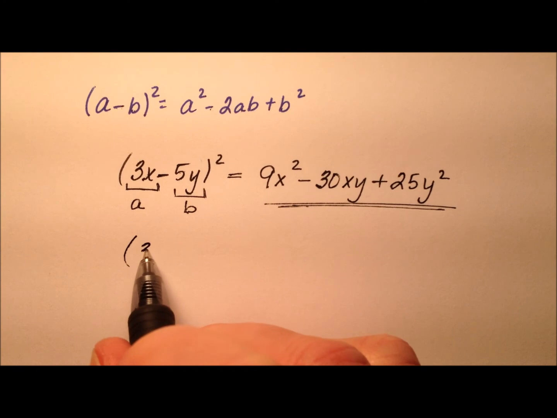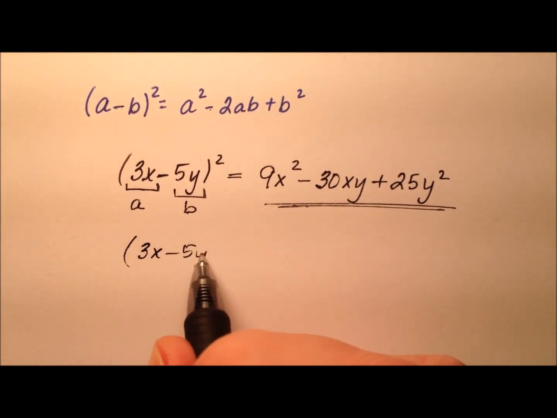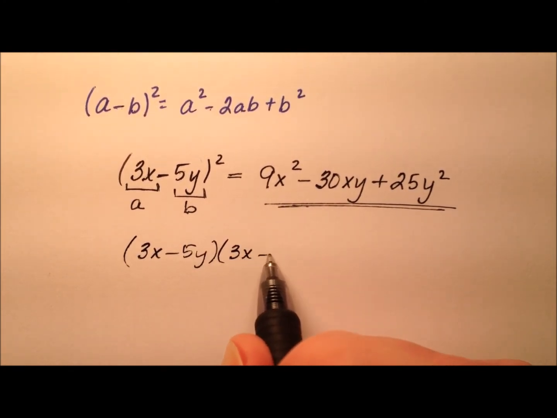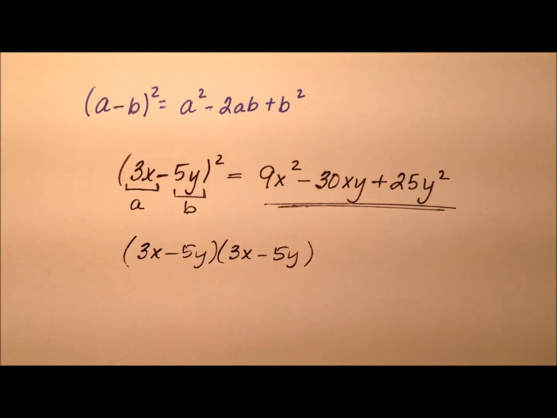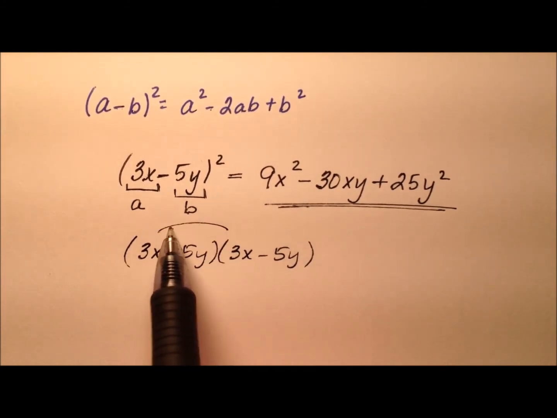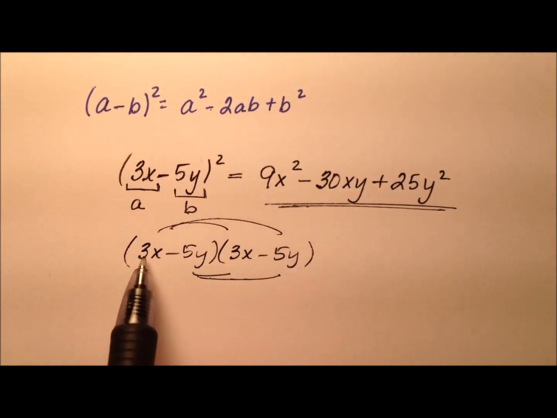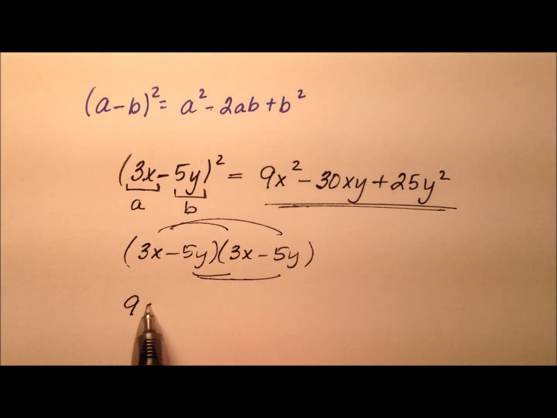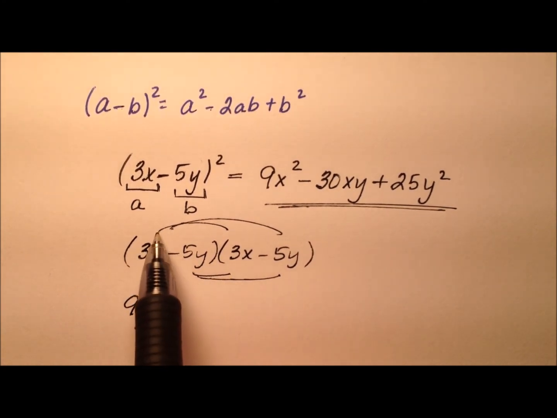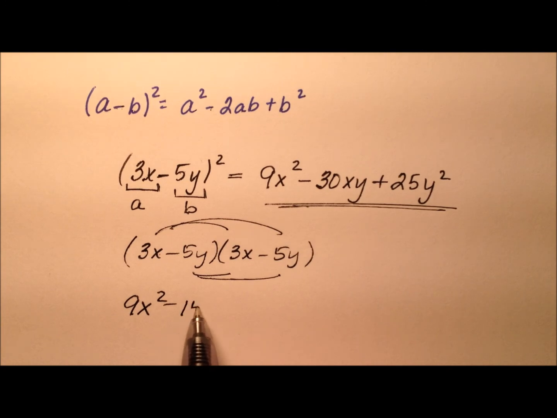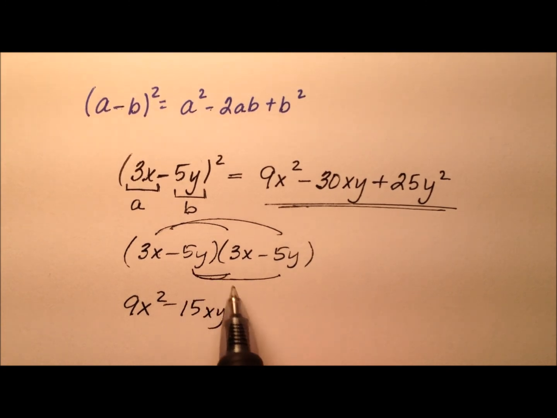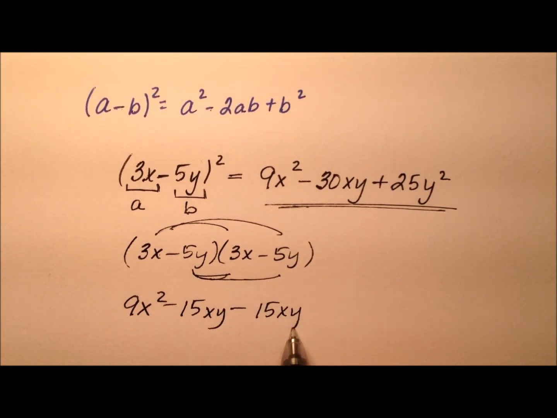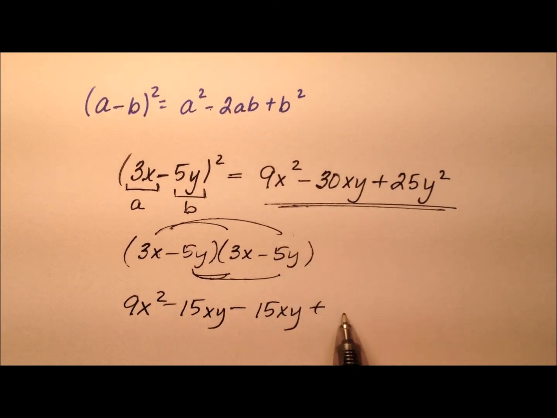And of course, once again, let's go ahead and put them side by side and square this out. I'll just show you the long way why this works. So our distribution here will look like this. 3x times 3x gives us our 9x squared. And this gives us negative 15xy, another negative 15xy, and the last is a positive 25y squared.